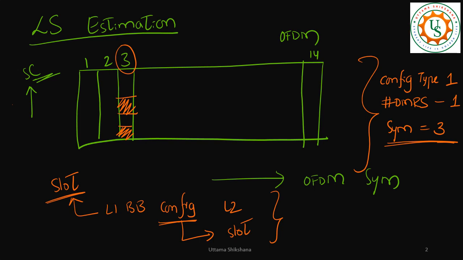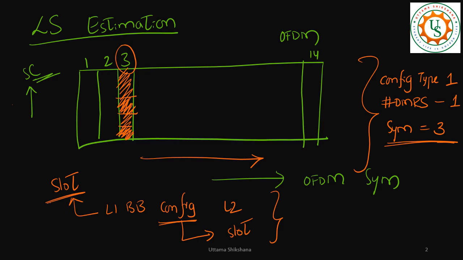Now, across all the subcarriers in this third symbol, we had seen how to get the channel estimation. Now, basically, we need to see how to get the channel estimation across the time domain.